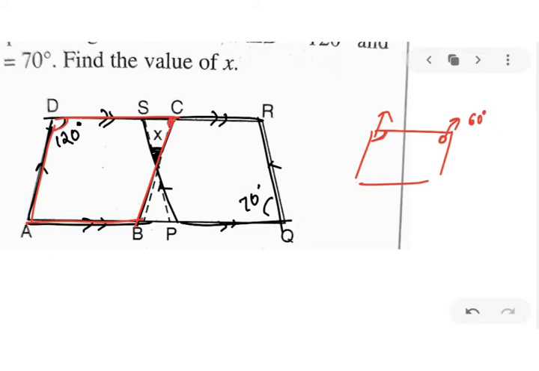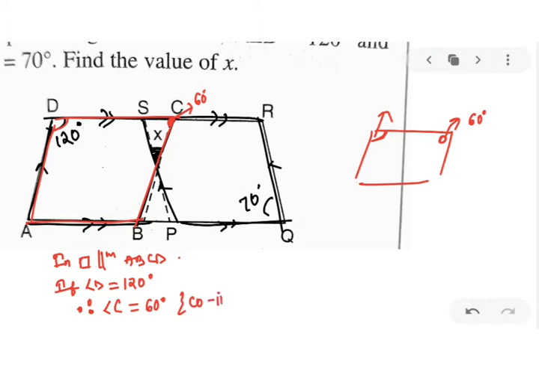Because adjacent angles, or you can say co-interior angles in a parallelogram. So can I write in parallelogram ABCD, if angle D is equal to 120, therefore angle C will also be equal to 60.